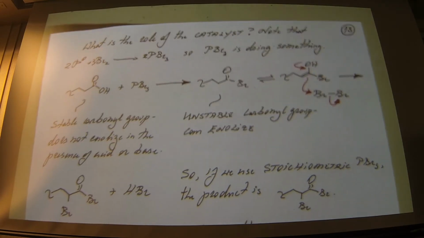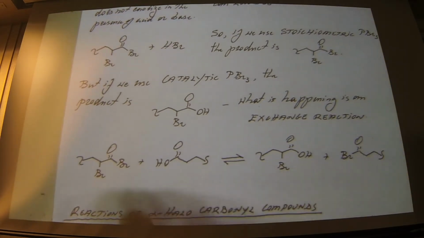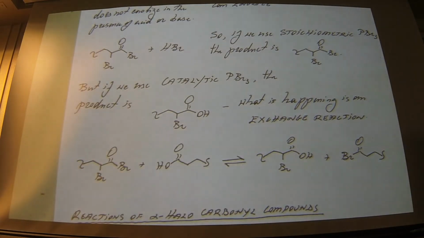So now you look at this and say, well, okay, fine, maybe I believe this, maybe I don't, but if that's the case, then how come I isolated the alpha bromo carboxylic acid? How come I didn't isolate the alpha bromo acid bromide? And here's where the catalytic cycle gets to be interesting, because what happens is this. You do get this, obviously.